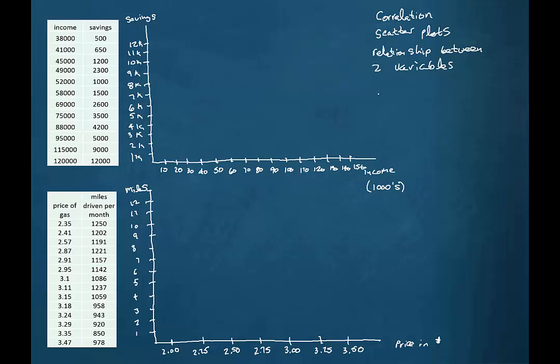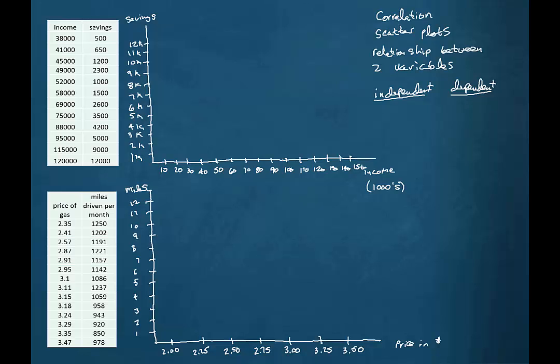And we term these variables the independent variable and the dependent variable. The independent variable is the variable that drives the dependent variable.